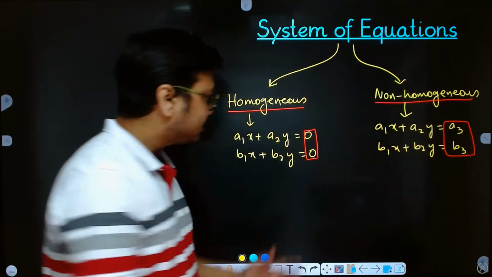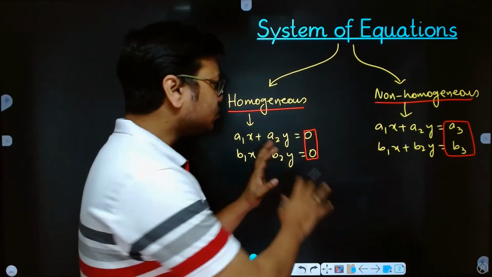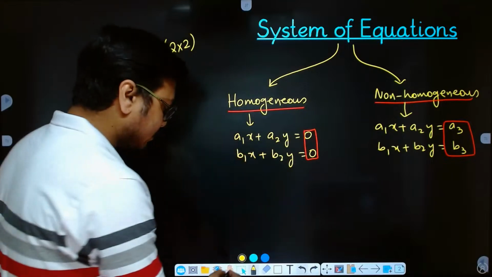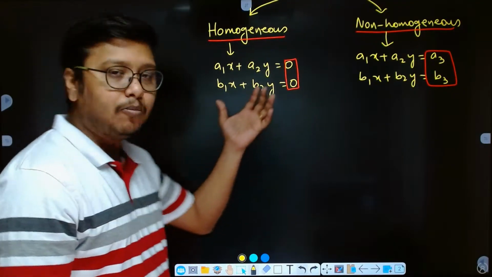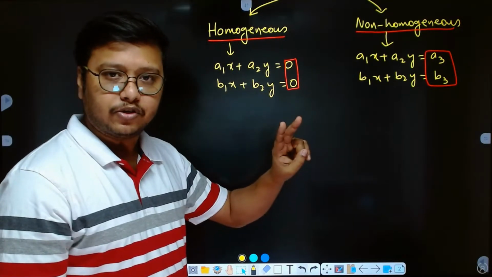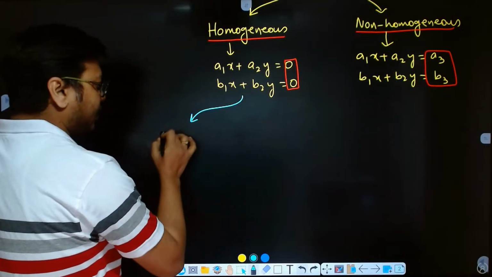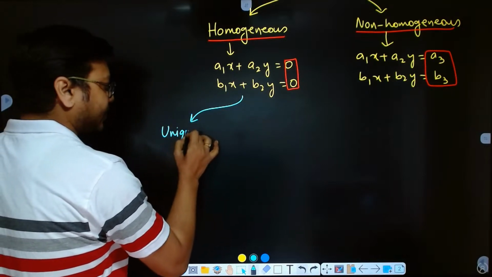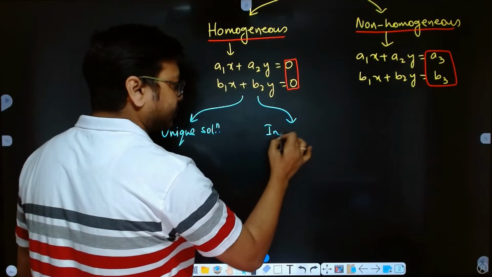When the constants are zero, it falls under the category of homogeneous. Okay. So I've just constructed a very simple example. Now the thing that can happen from here is that a homogeneous system of equations can have two possible natures. Two possible natures in the sense this can have either a unique solution or it can have an infinite number of solutions.